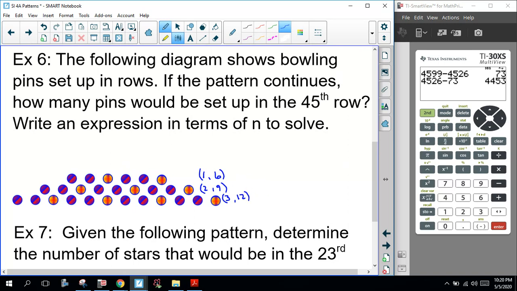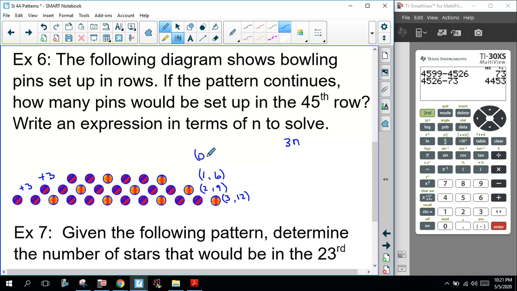So the pattern that develops from row to row, we went from 6 pins to 9 pins to 12 pins. I add 3 and I add 3. So to start my expression, it's going to be 3n. And then to get my intercept, remember that is when we are at 0.